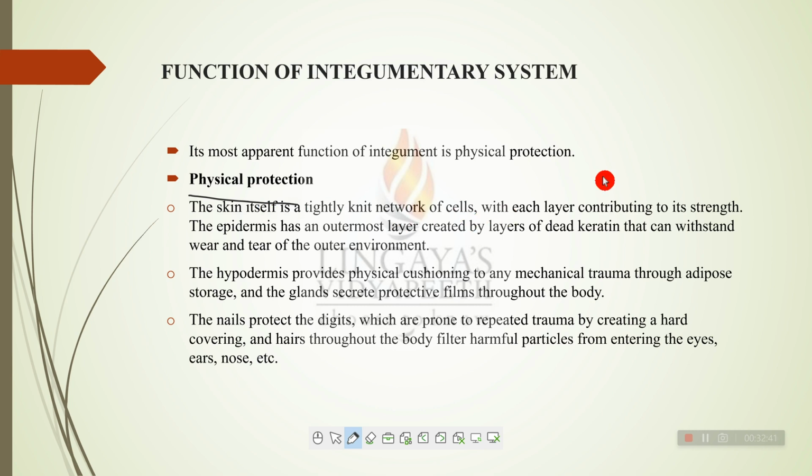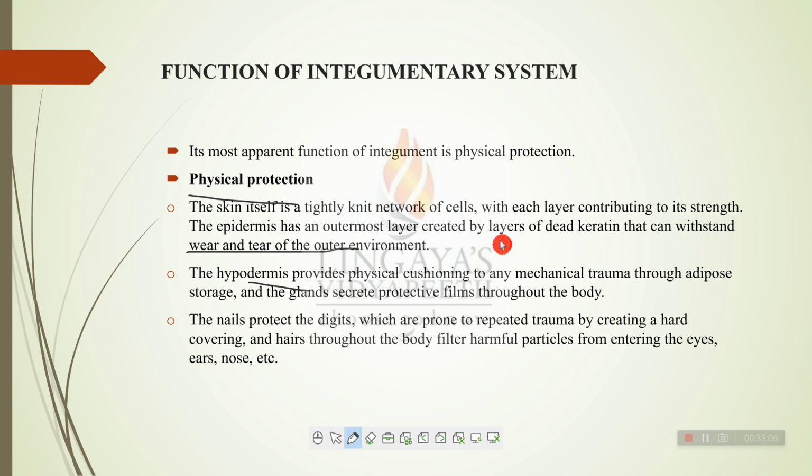Skin itself is a tightly knit network, so it prevents the entry of any pathogen inside the body. Next, it consists of dead keratin that can withstand wear and tear of the outer environment. Next is the hypodermis, which provides physical cushioning.